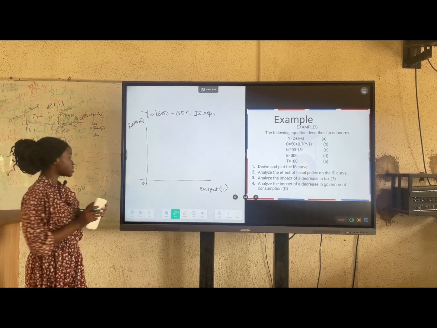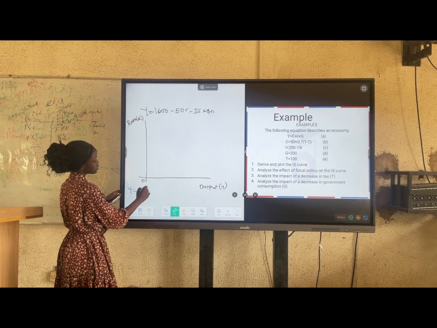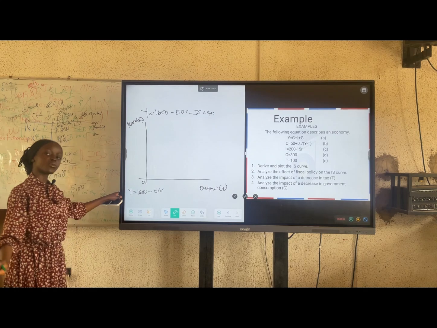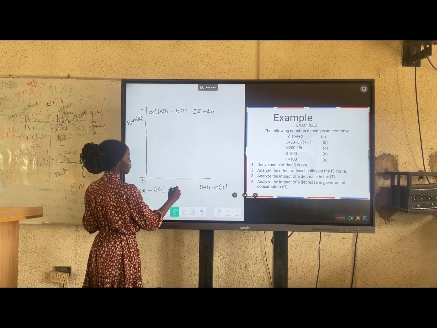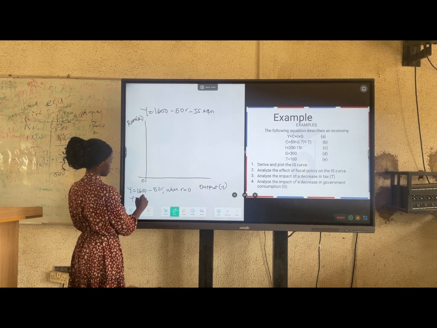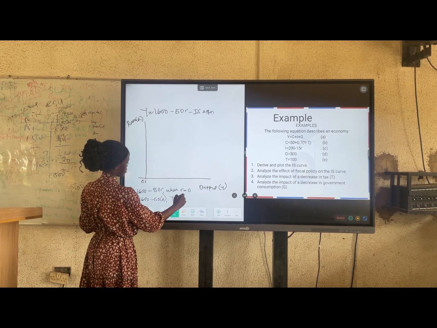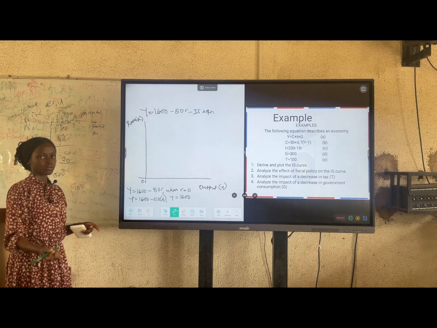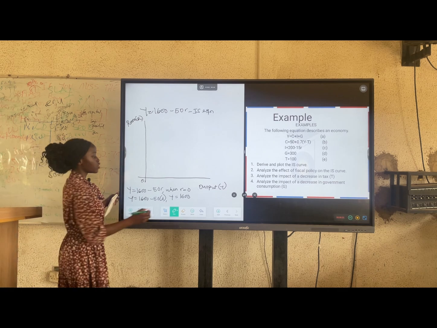To get the y-intercept, Y equals 1 6 minus 50, we're finding the y-intercept when r is 0. Then we're going to be looking for the r-intercept too, when y is 0.